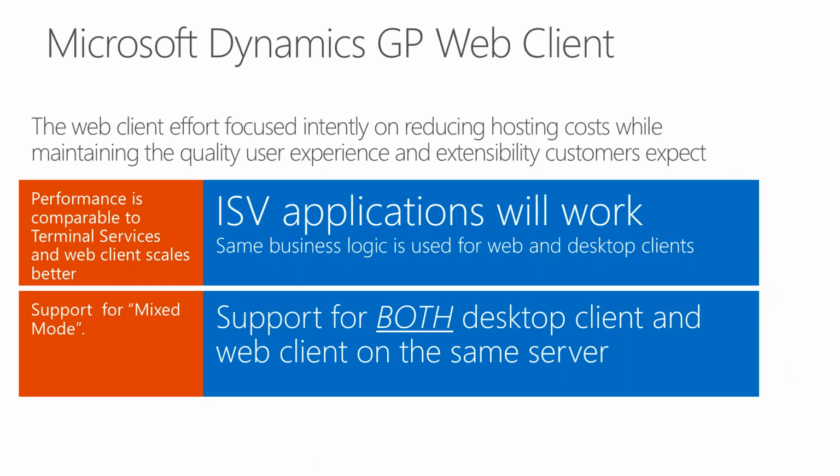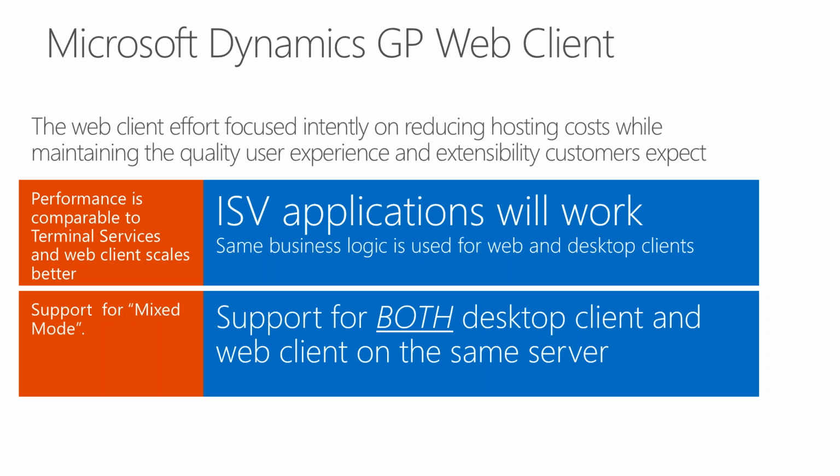With the web client itself, we've made a lot of efforts to improve its performance. It's now comparable to or exceeding what you can do with, say, terminal services, and web client will scale much better as your company grows over time.